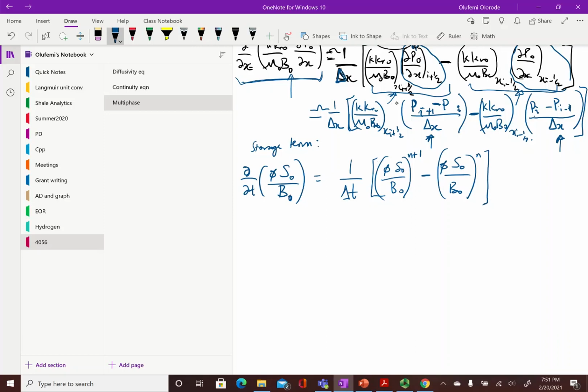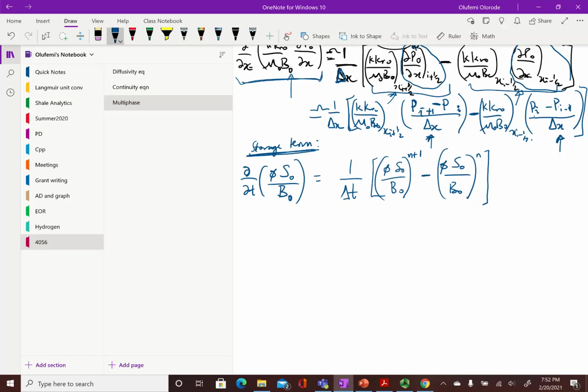And all these other terms here will be at n plus 1 for an implicit scheme, and you will later see we have explicit schemes too, and they all vary by their numeric stability.